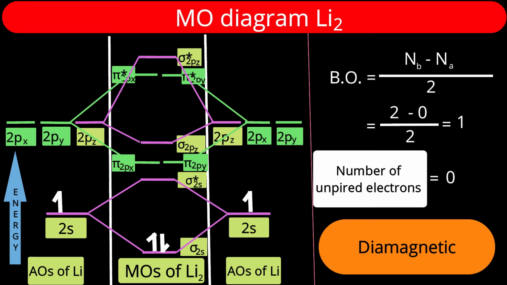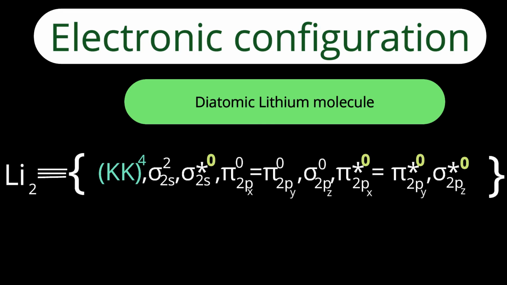See the electronic configuration. I represented it separately. This can be the way of representing the electronic distribution for the diatomic lithium molecule. See, Li2, the diatomic molecule, is represented, and the equal sign with 3 horizontal lines means an equivalent representation. The lowest orbitals, KK, which are the non-bonding orbitals, are represented by green color.